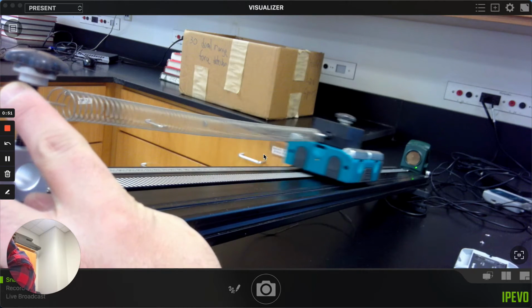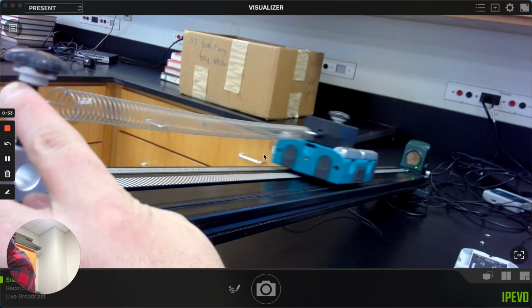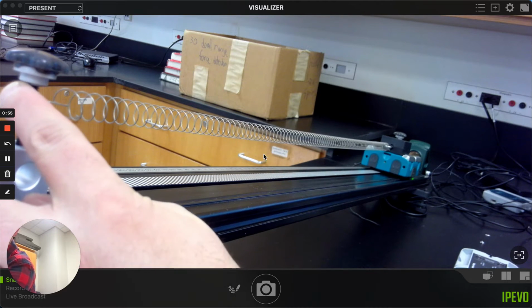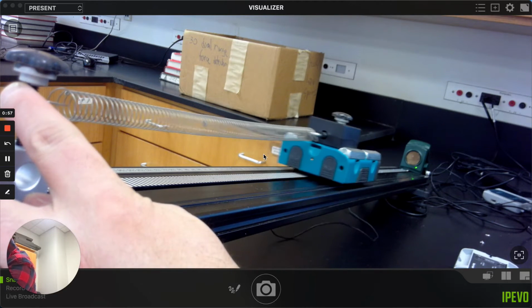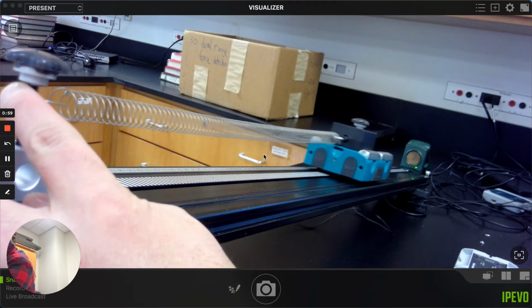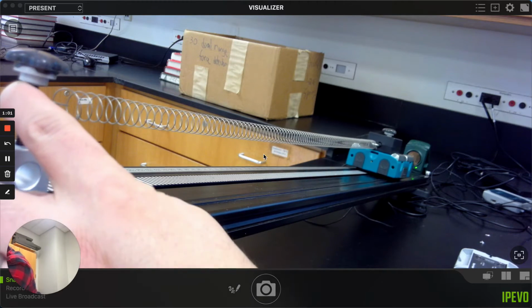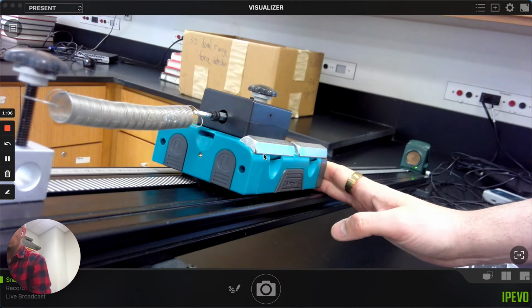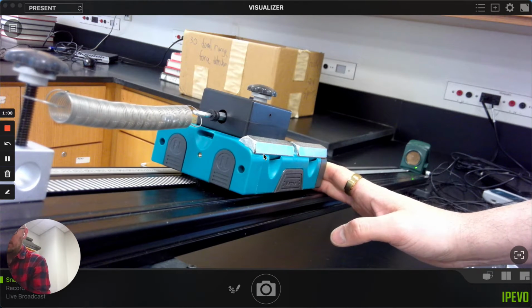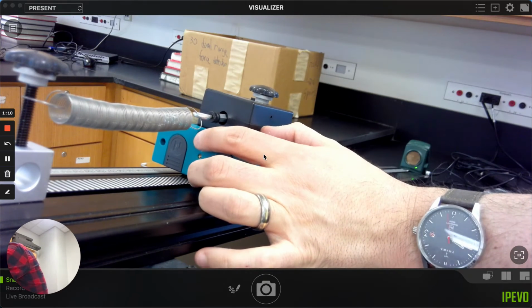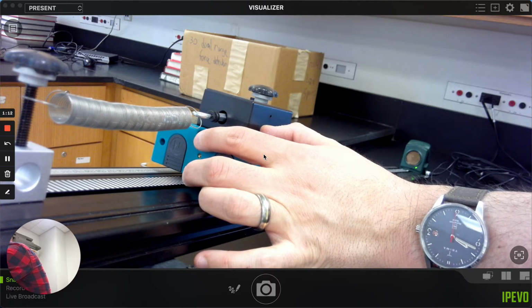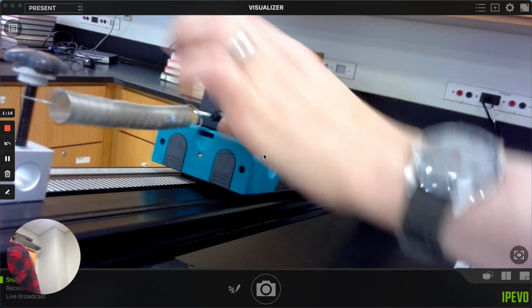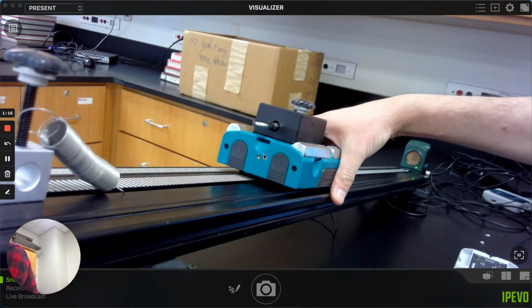Now, there's plenty of friction between the wheels of the cart and the track itself, and so this oscillation fizzles out after a while, but it does give a really good view of the graphs. We're also going to look at the graphs getting made kind of live.